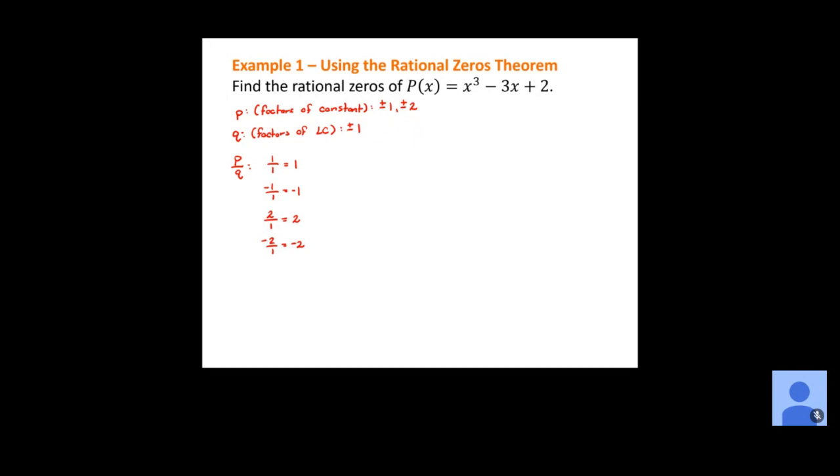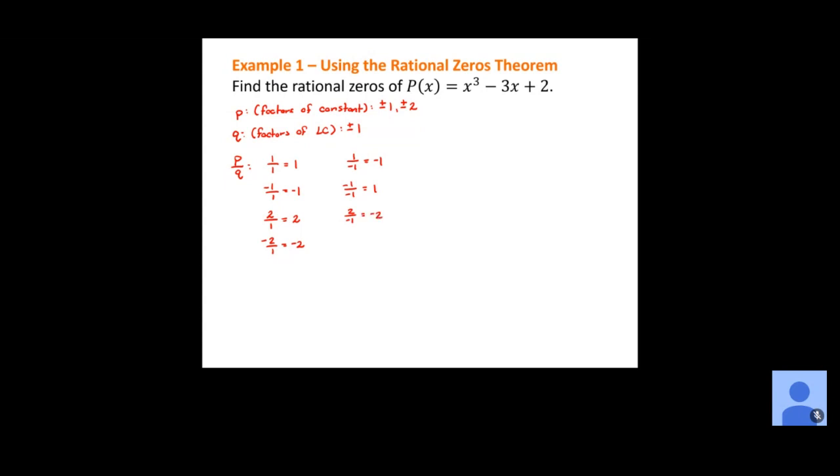Now, that only takes care of dividing all 4 of the original P values by the +1 of the Q's. There's still dividing all 4 of the P's by the -1 instead. If I do that, we're going to have 1 divided by -1. That's -1. Then we're going to have -1 divided by -1. That's +1. Then we'll have 2 divided by -1.